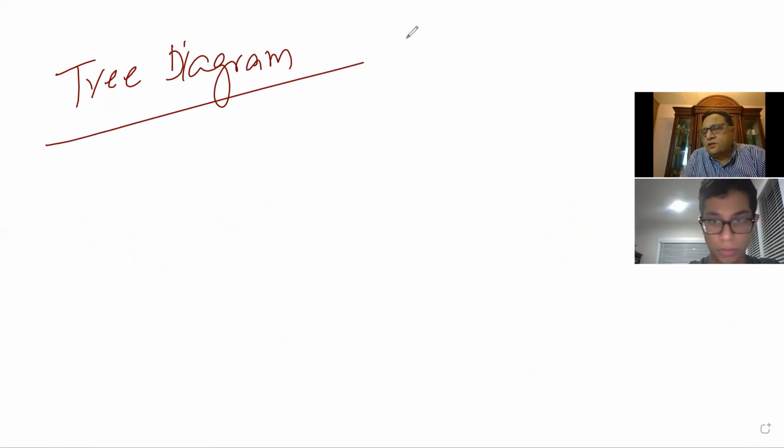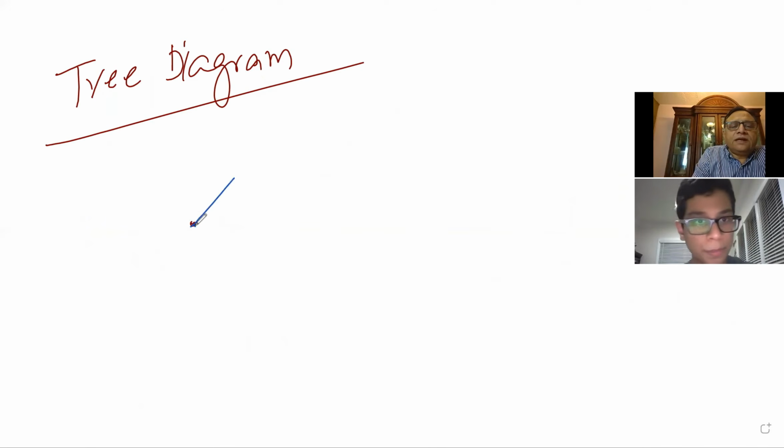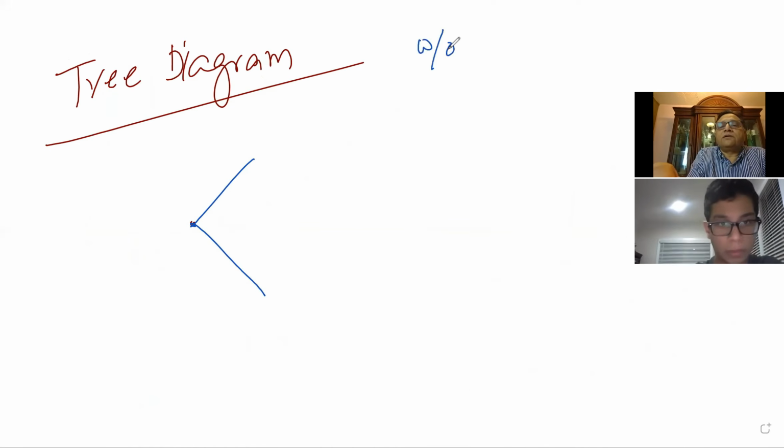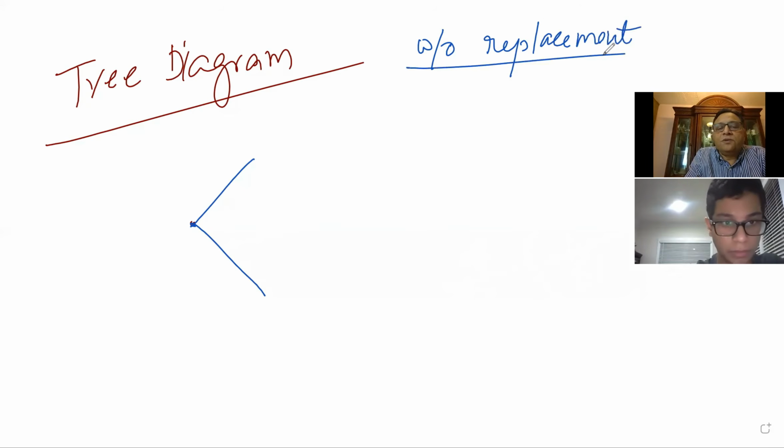Okay, so let's continue with our example, and we say, well, we are trying to figure out the probability of getting an ace. Now there are two things possible in the first draw, and it is without replacement, right? Okay, so in the first draw, let us say you get an ace. It is a success, right?